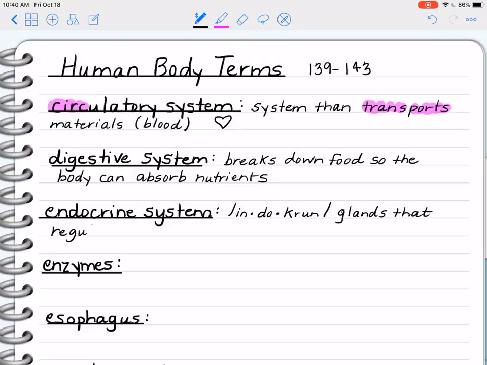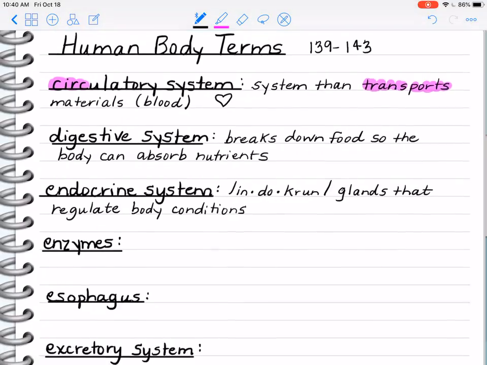You have glands that regulate your temperature, your body temperature, your chemistry, your hormones, even your heart and brain function. So your body is controlled by chemicals, and these glands in the endocrine system help to regulate those chemicals.